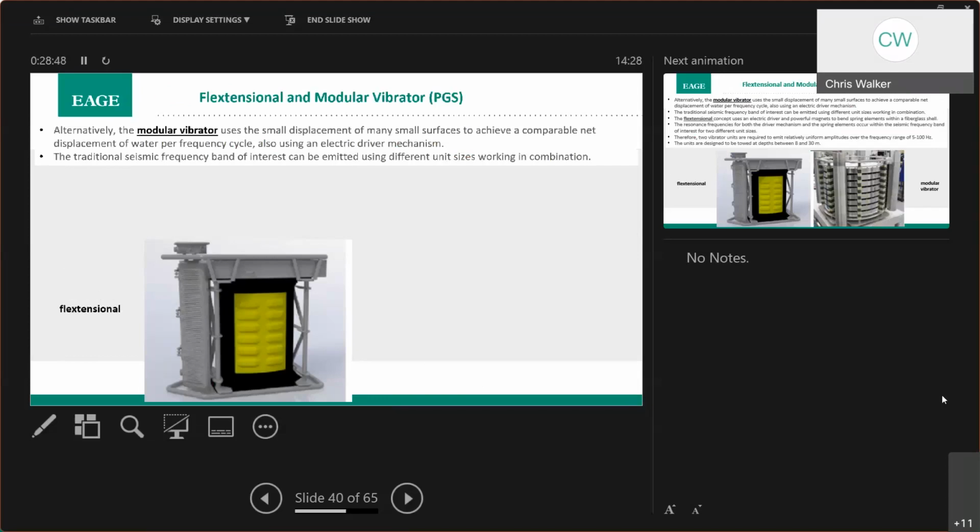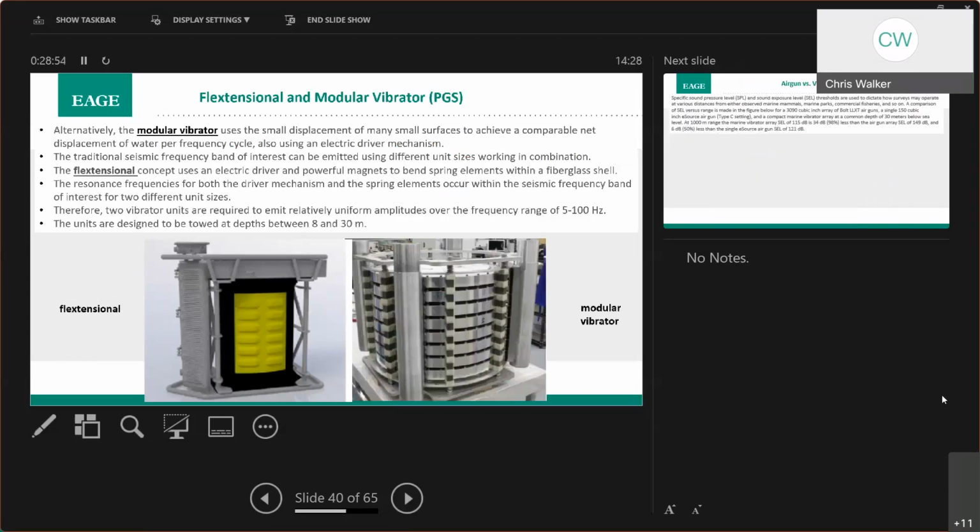So the modular vibrator that's been developed, this is a flextensional source that was initially developed by PGS, and it uses the displacement of many small surfaces to actually move the water that's required to generate the acoustic pulse into the water column and then into the subsurface.